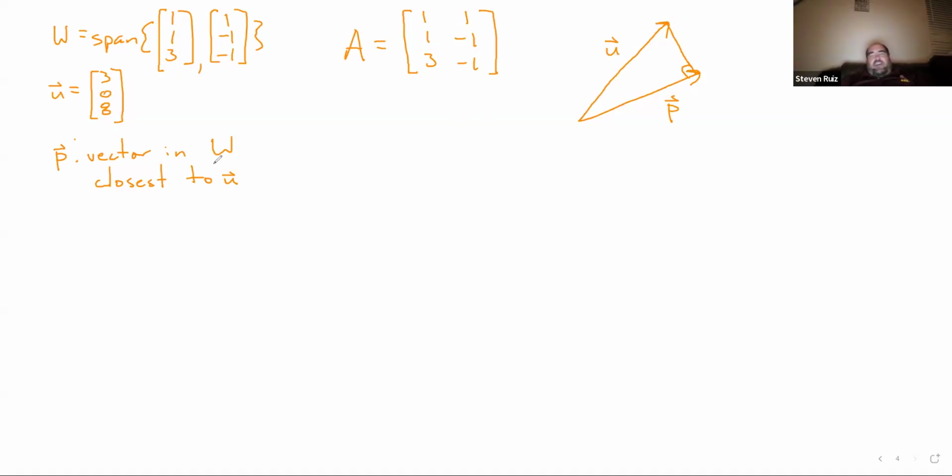Finding a vector in some subspace that's closest to some other vector is equivalent to asking for the orthogonal projection.